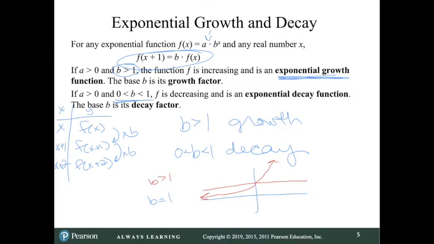This is growth. If my base is less than 1, then we ended up with a decreasing function, right? This was the base less than 1. This is the base bigger than 1. But our base could not be less than 0 because that was non-continuous.